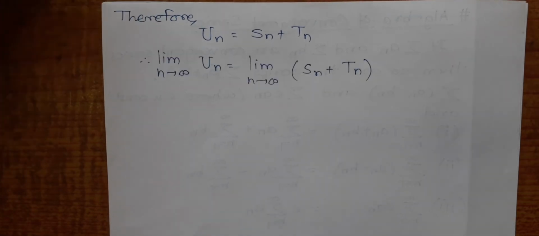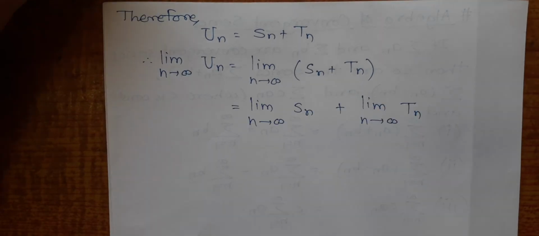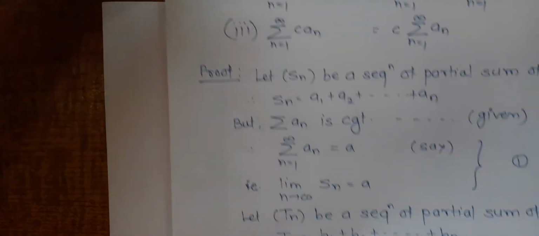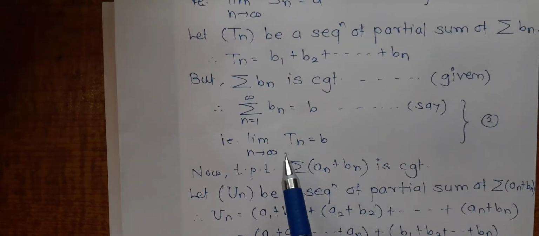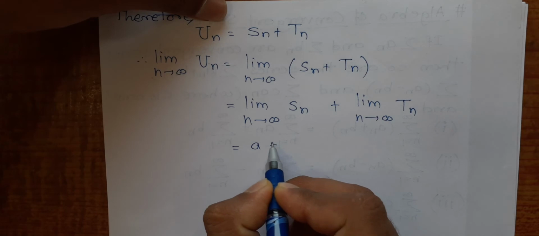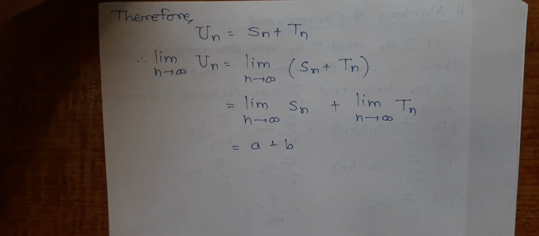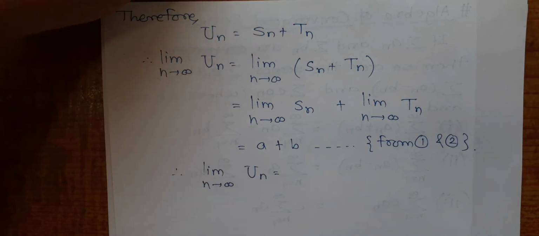So now I will take the limit of both sides. Since addition is there, we can take separate limits. What is the limit of Sn? On the last page we have seen the limit of Sn is a from equation number 1, and the limit of Tn is b from equation number 2. So the limit of Un is equal to a plus b.